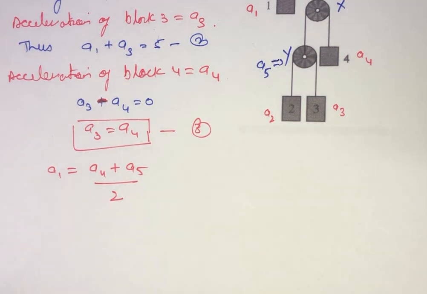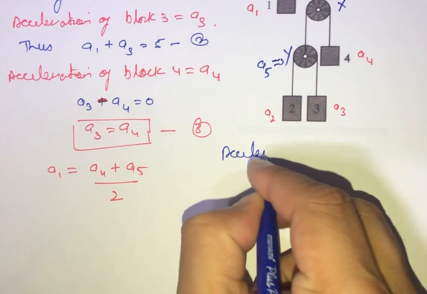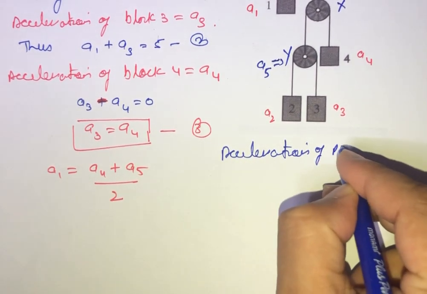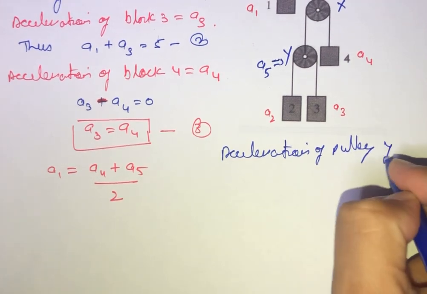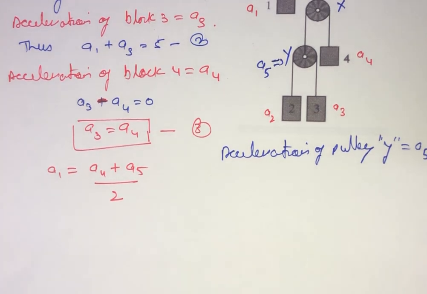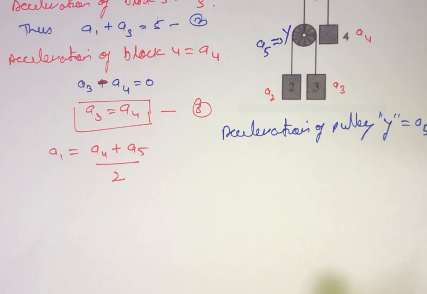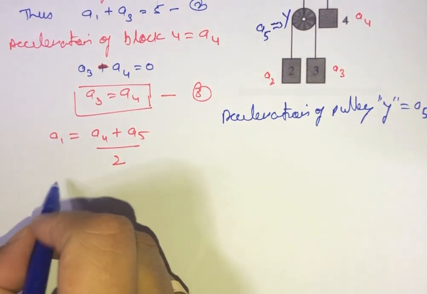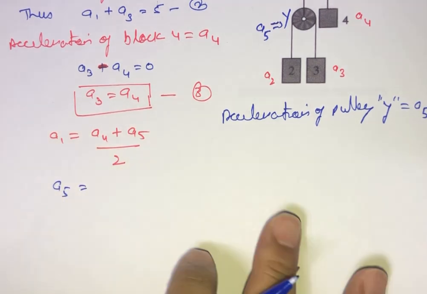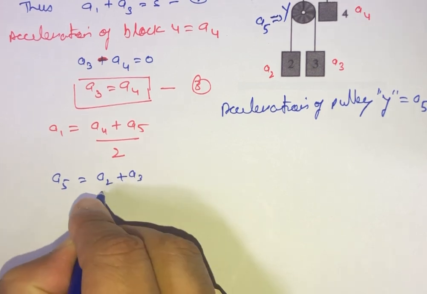Okay, so based on that this is our first part, and in the second part we can also write that a5 is equal to a2 plus a3 divided by 2.